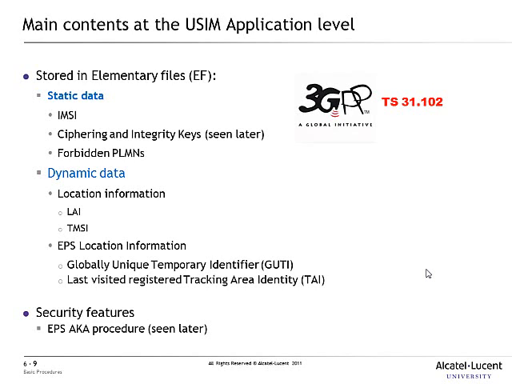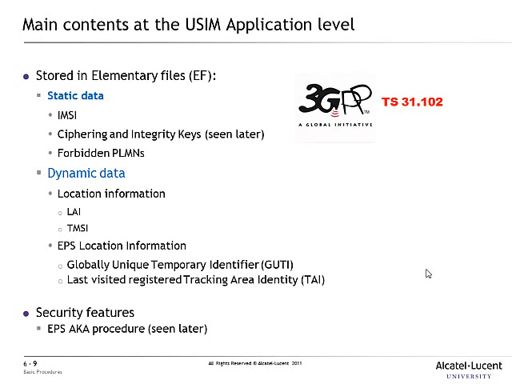Okay, and we also have information related to tracking area identity. I think we mentioned in the first or second class that we have this concept of tracking area, and when we change from one tracking area to another. Remember, in GSM we talked about location areas, in GPRS we talked about routing areas, in 4G we talk about tracking areas.